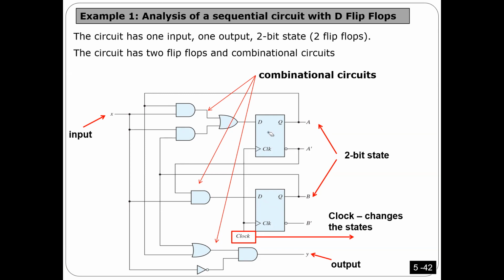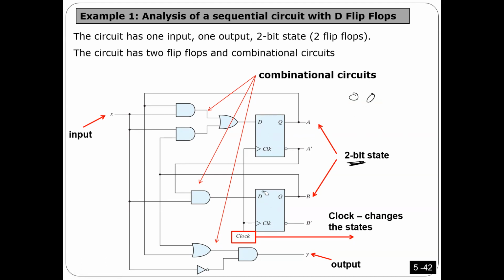So in this circuit you have 2 flip-flops, and because every flip-flop, as you know, stores 1 bit, how many states can you have? For 2 bits from the 2 flip-flops, I can have up to 2 to the power of 2 states.